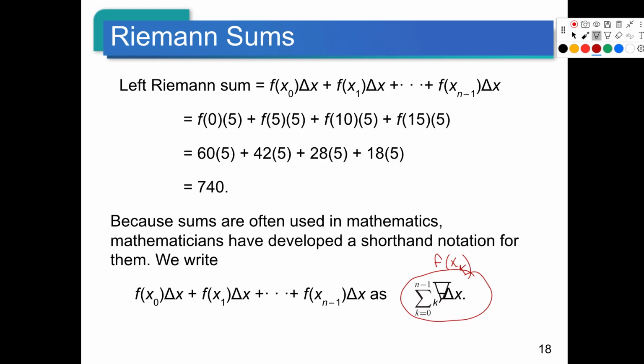So you're going to take each one, f of x naught, f of x1, each times the change in x. So it's just a shorthand notation. If you're a math major, we would delve into that because you would use it a lot. But all we want for this is the concept, and then we're not going to use it much.